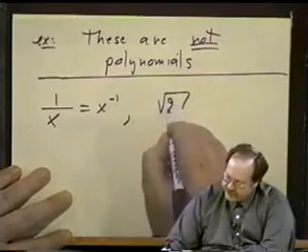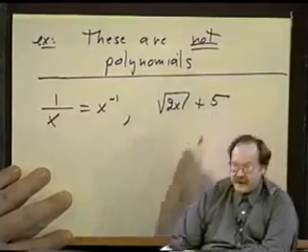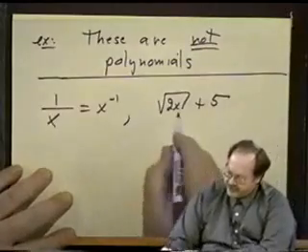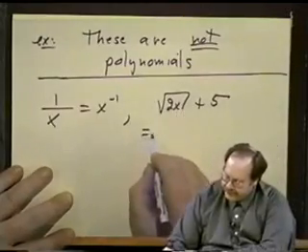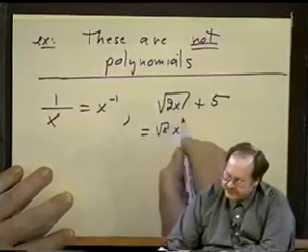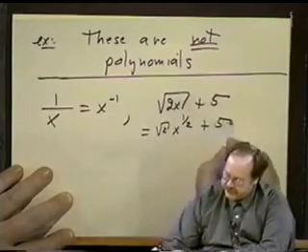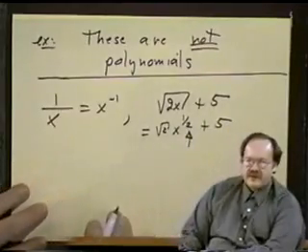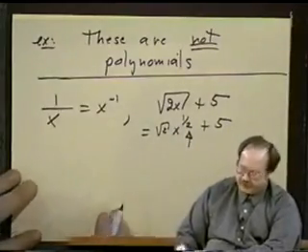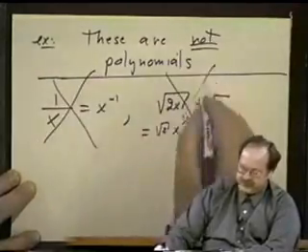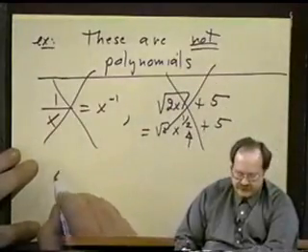The square root of 2x plus 5 is not a polynomial because what is inside here? This is square root of 2 times square root of x, which is x to the 1/2 plus 5. We don't allow rational powers, so that's not a polynomial. These are not polynomials. And you might see something more complicated.